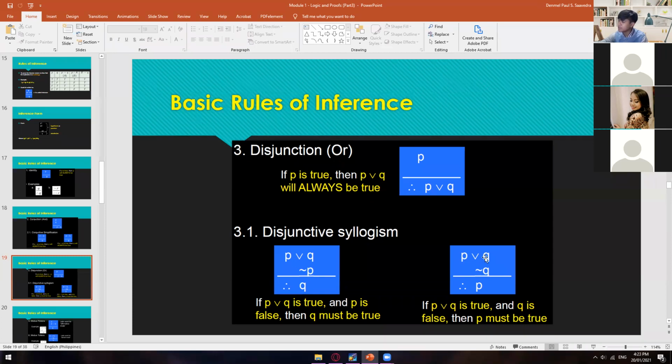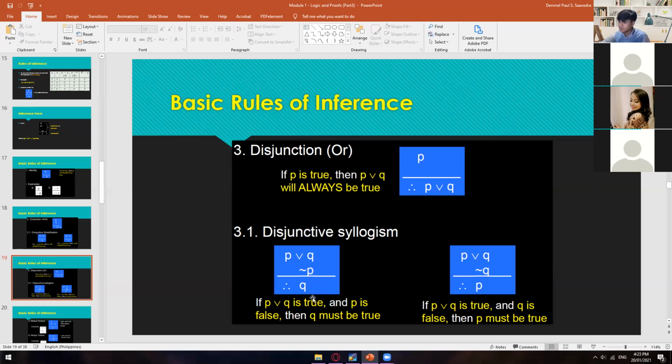Since we already know that Q is false, then we have to answer P, since in inference we have to make a tautology result. That is why we have a conclusion here P, and a conclusion here Q.